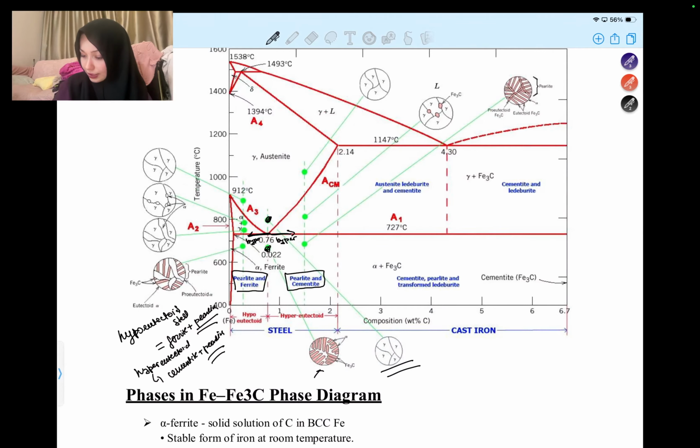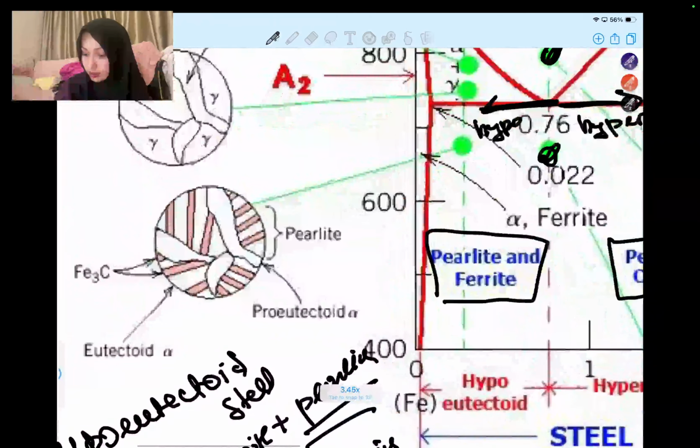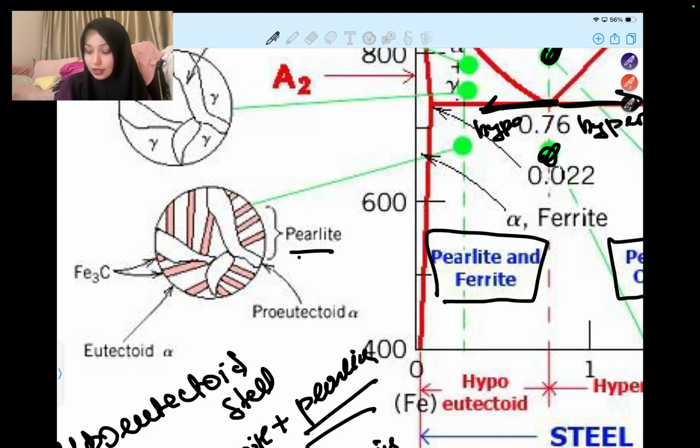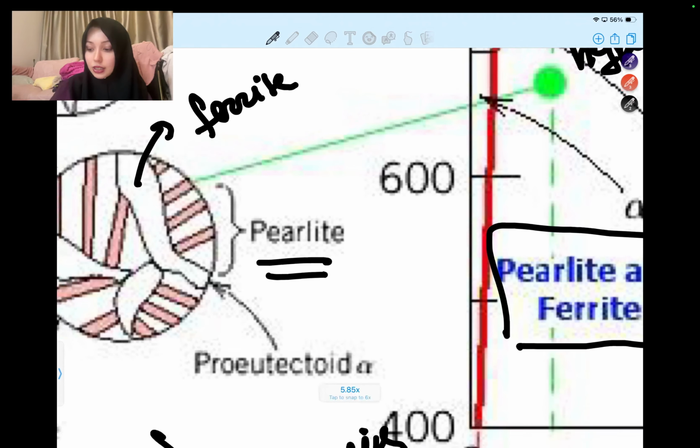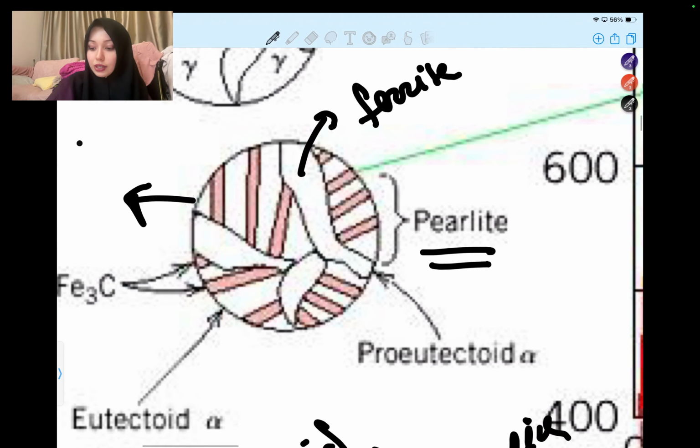So this is basically the pearlite structure. As you can see, we have alternating layers. So these light layers, you can see, are the ferrite layers, and the dark layers that we have here are cementite layers.